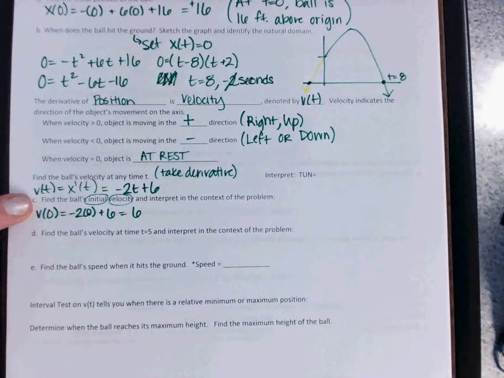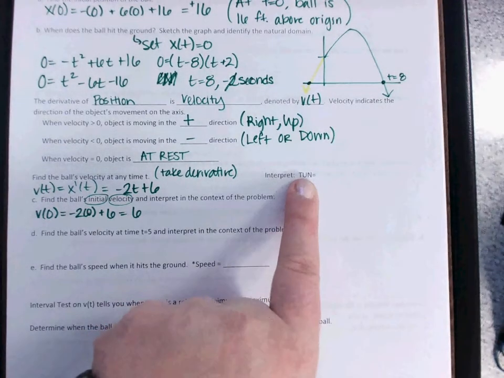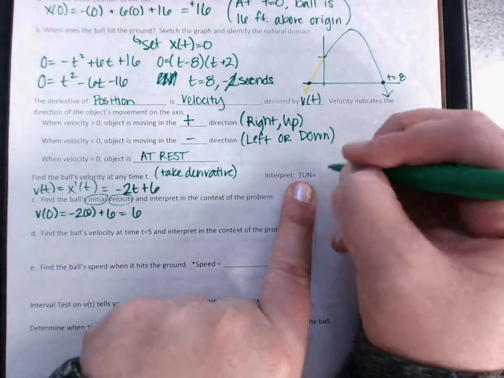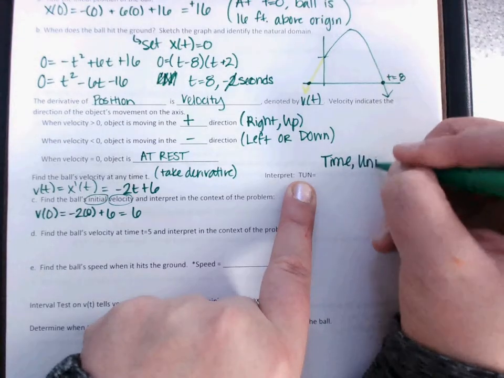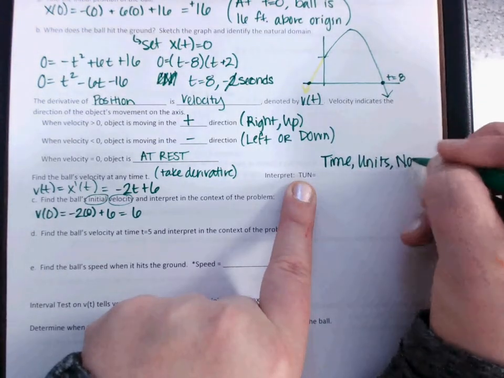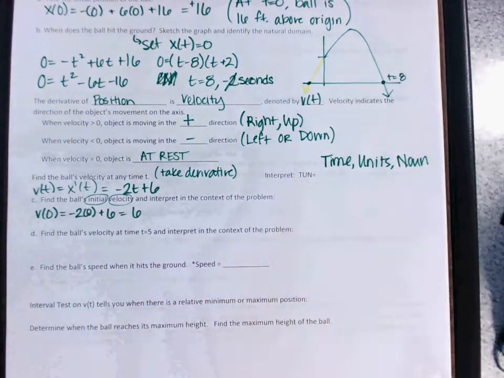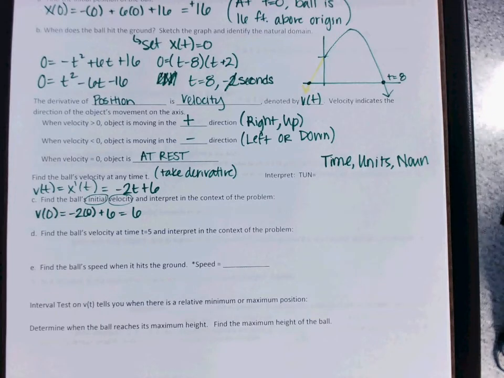So, to interpret, you're going to give a ton of information, okay? T is for time, U is for units, and N is for the noun or whatever made-up thing they're talking about in the question. So you have to include those three things whenever you're interpreting. I'm going to do this one for you.